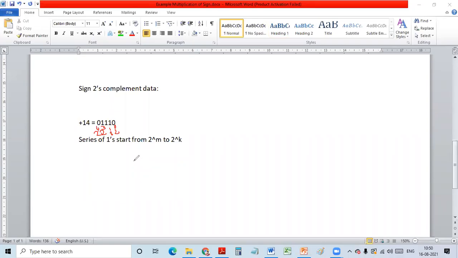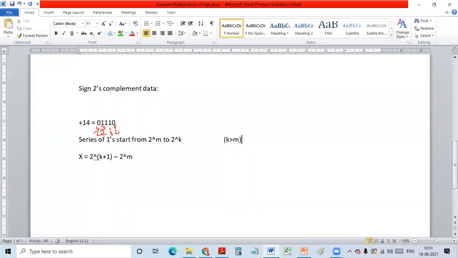So if any number has a series of ones starting from 2 power m to 2 power k, then that number x can be represented as 2 power k plus 1 minus 2 power m, where k is greater than m, or else m less than k.